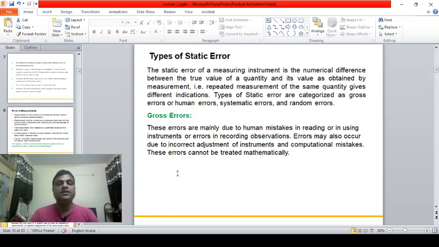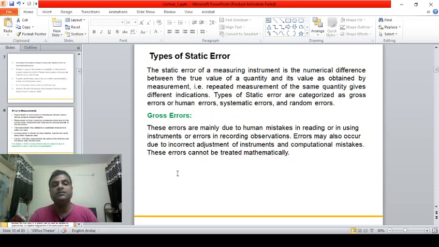We are reading the value of a particular measurement and we introduce some error. Similarly, we use an instrument in the wrong way. Third, in the observation of a particular reading, we commit some mistakes. These types of error are called gross error.